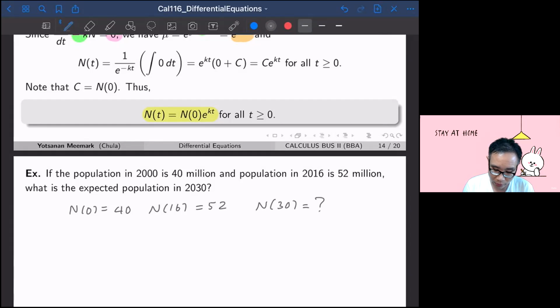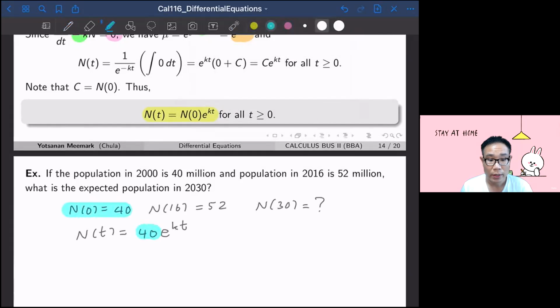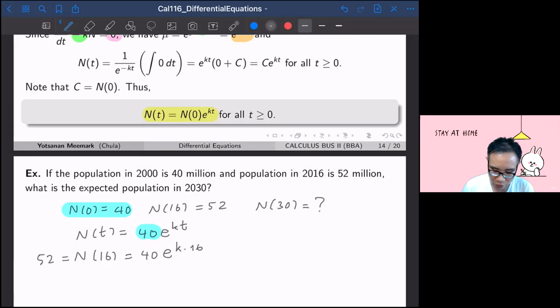So you get N(t) equal to N0 times e to the kt, so it's 40 e to the kt. N0 is what you use here. Then you have N16 equal to 40 e to the k times 16, and N16 equal to 52.